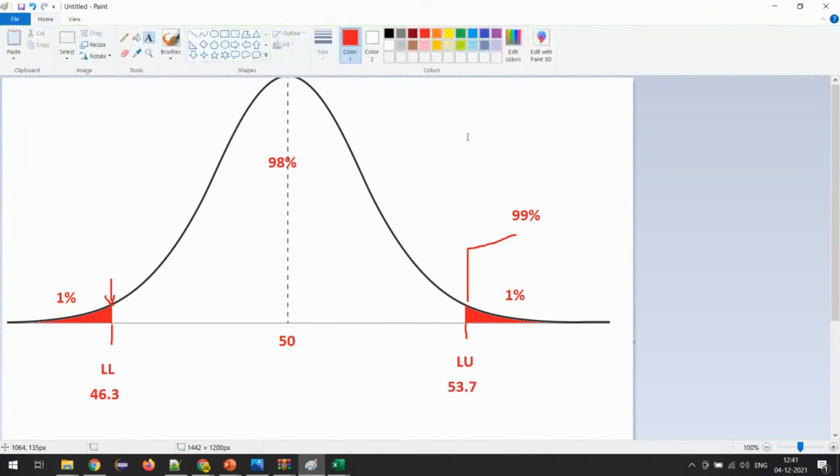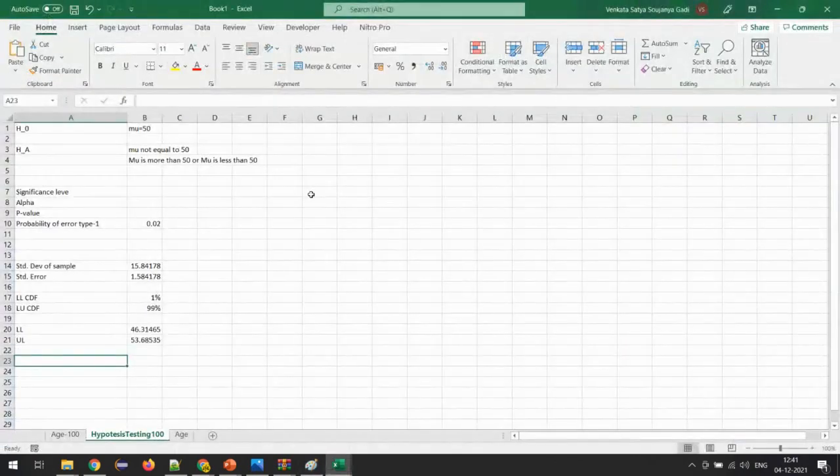So one final step remains. We calculate the sample mean. If it falls in the red region, we reject the null hypothesis. If it falls in the white region, we fail to reject the null hypothesis, right? So we calculate the sample mean.